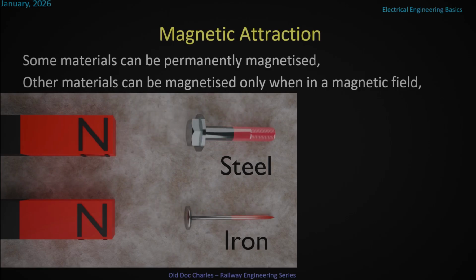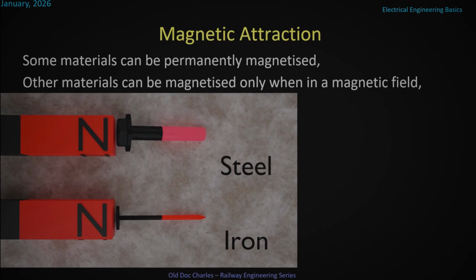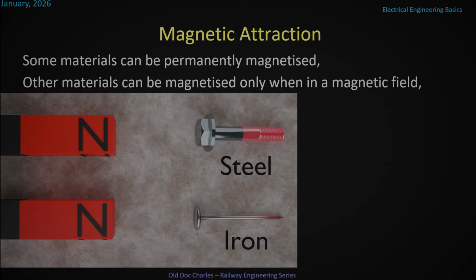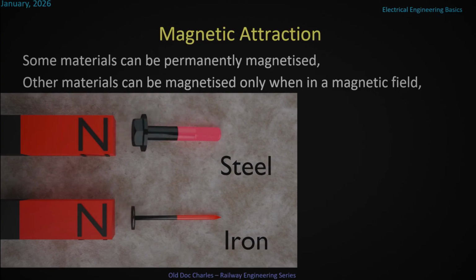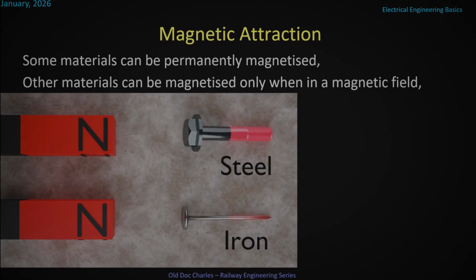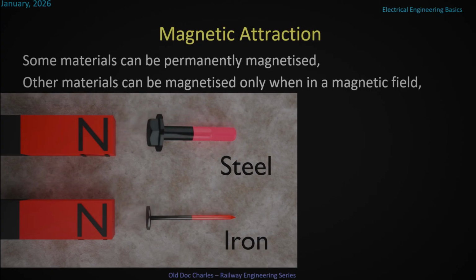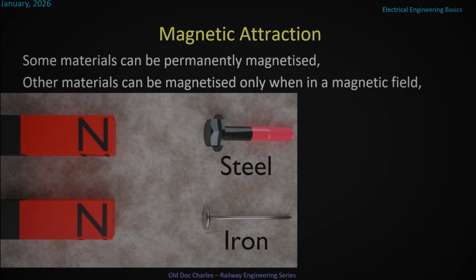When you move them back apart, the magnetic effect reduces. The bolt retains some of that magnetism. So when you move them in and out a few times, eventually the iron nail remains unmagnetized, yet the steel bolt becomes fully magnetized and is therefore a magnet itself.